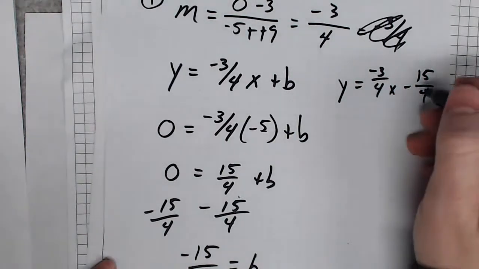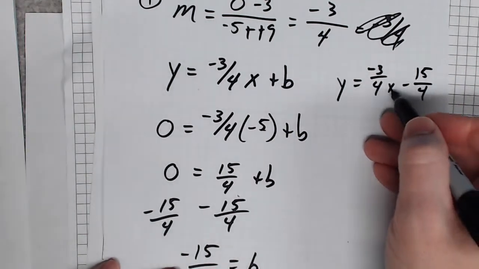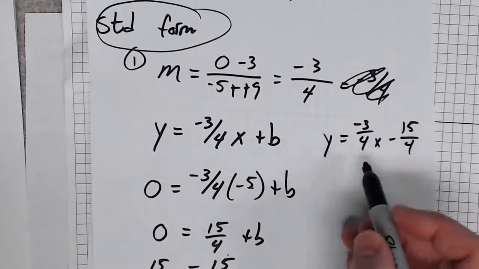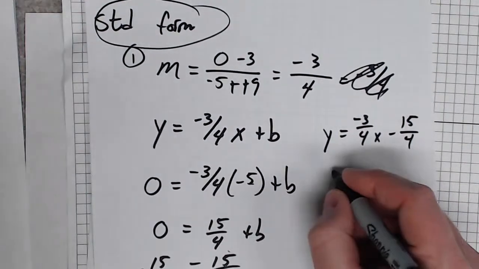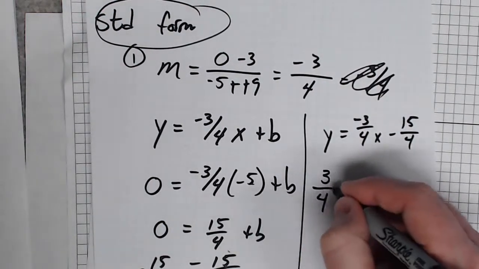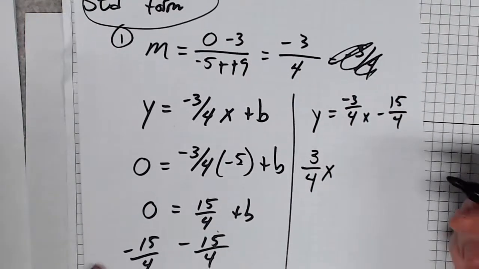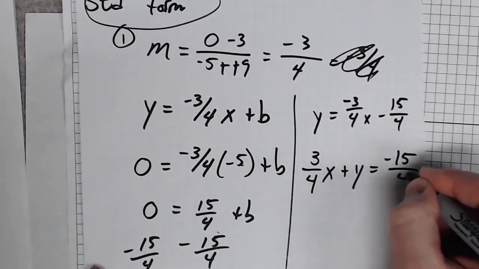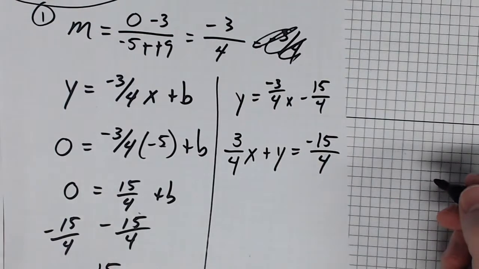Now, they want this in standard form, so I need to move things around, right? This is in slope-intercept form. I'm going to need to move the x value over to make it standard. So it becomes a positive 3/4. Okay, that's standard form.